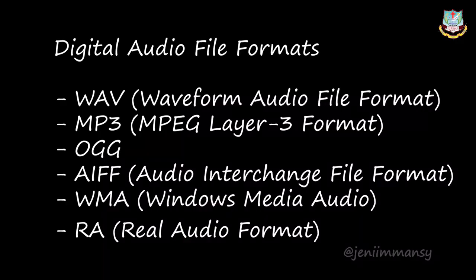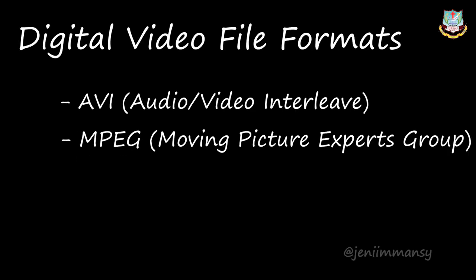Next, the digital audio file formats: WAV, MP3, OGG, AIFF, WMA, RA, that is Real Audio format, Windows Media Audio, Audio Interchange File Format, Moving Picture Experts Group, and Waveform Audio file format. Then at last we have seen digital video file formats, that is AVI, Audio Video Interleave, and MPEG, Moving Picture Experts Group. These are all about the file formats.